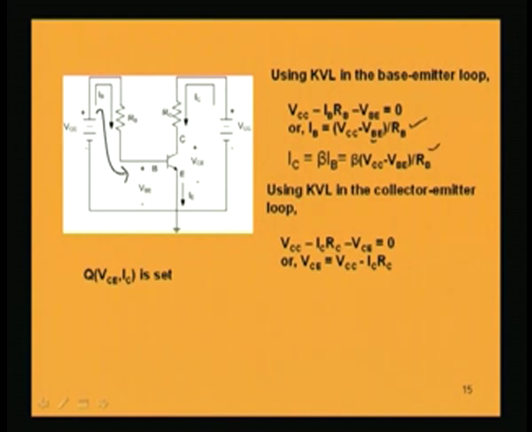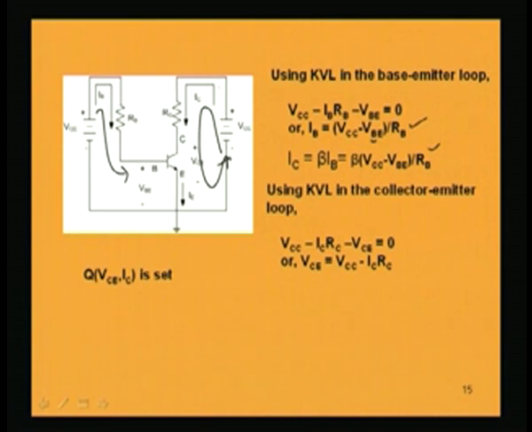So, this is your DC value of collector current. Again using Kirchhoff's voltage law in the output circuit, that is in the collector to emitter loop, if I consider this loop starting from this point and ending again here, the algebraic summation of all the voltage drops in a loop is 0. Applying that, I get VCC minus IC RC minus VCE is equal to 0.